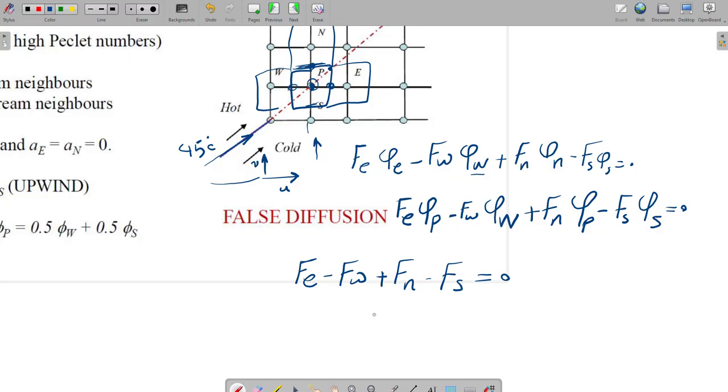For the special case, we suppose that Fe equal Fw equal Fn equal Fs.